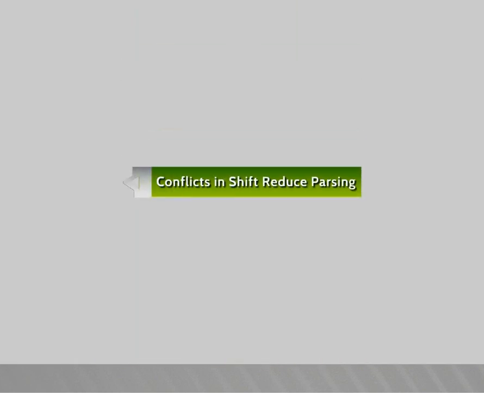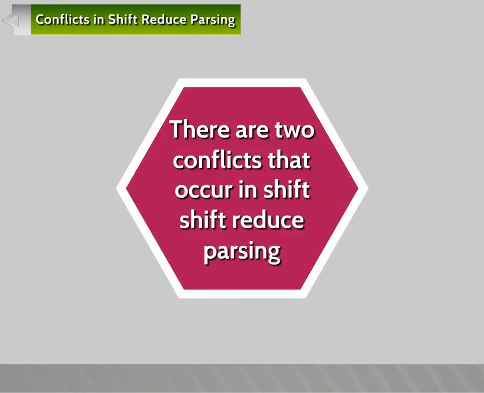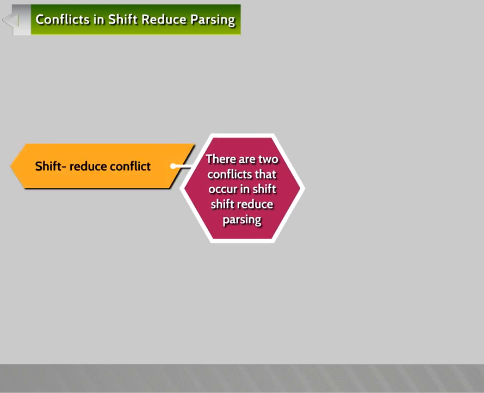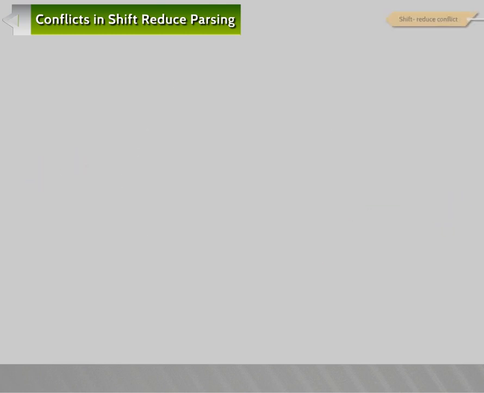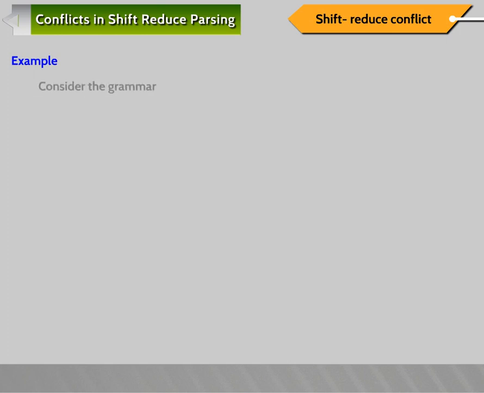Conflicts in shift-reduce parsing. There are two conflicts that occur in shift-reduce parsing: shift-reduce conflict and reduce-reduce conflict. Shift-reduce conflict example: consider the grammar E provides E plus E | E into E | id and input id plus id into id.